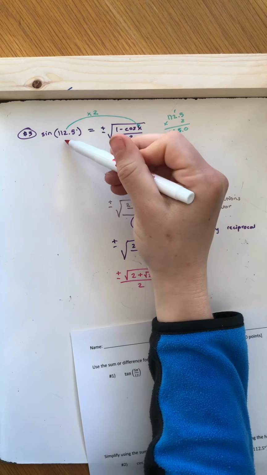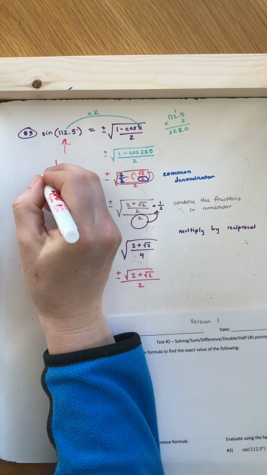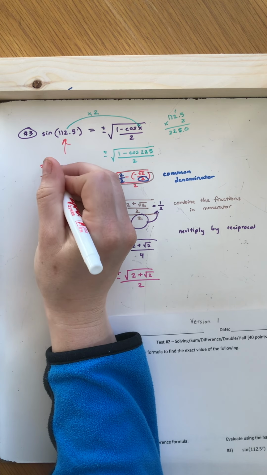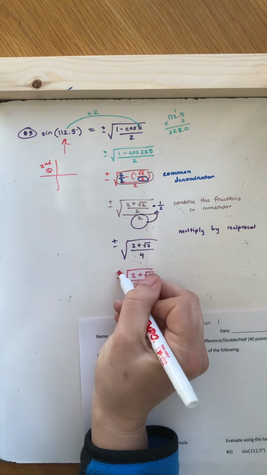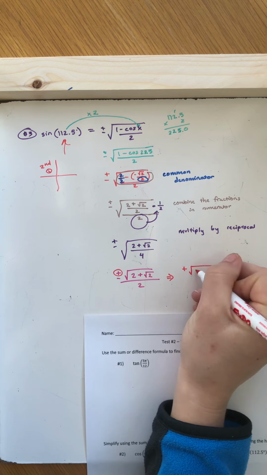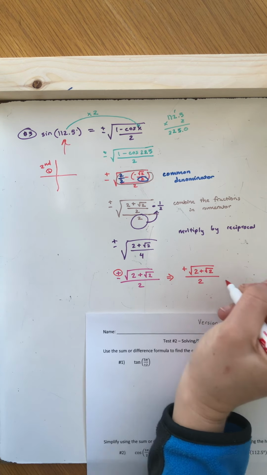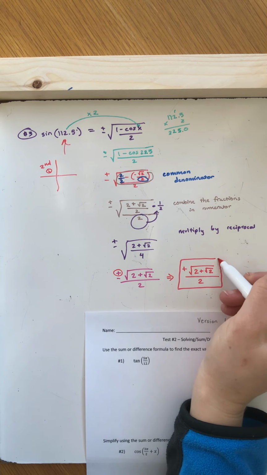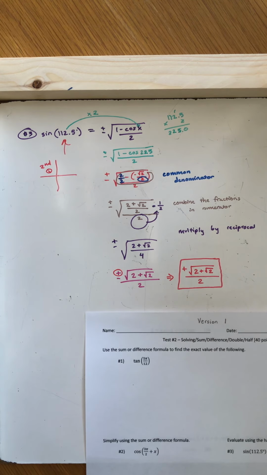My original angle is 112.5. 112.5 is located in the second quadrant, and sine is positive in the second quadrant. So my answer should only be the positive square root of 2 plus square root 2 over 2. You want to make sure that your square root sign doesn't dip down into the denominator.